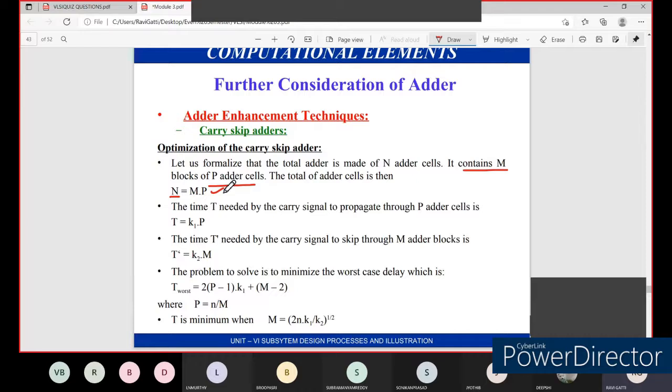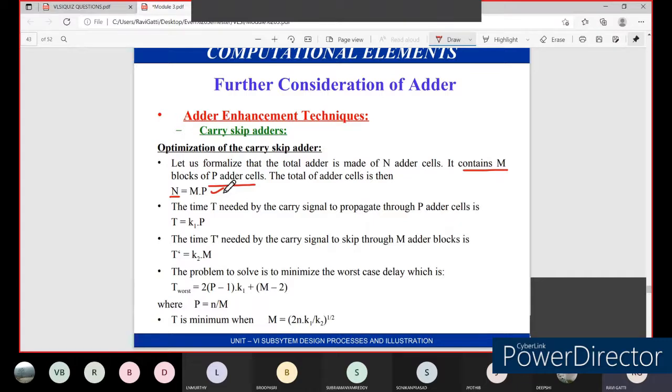The next thing: how many blocks do we have? We have a total of m blocks of p adder cells. For each block we will have some propagation delay, which we represent in terms of K2.